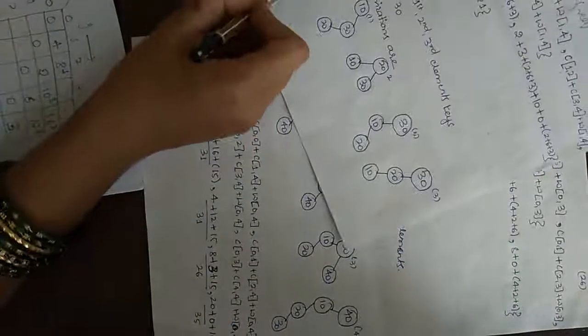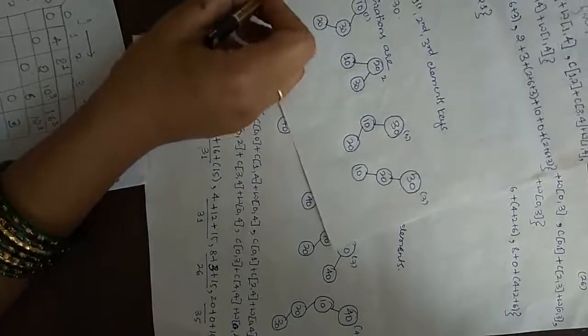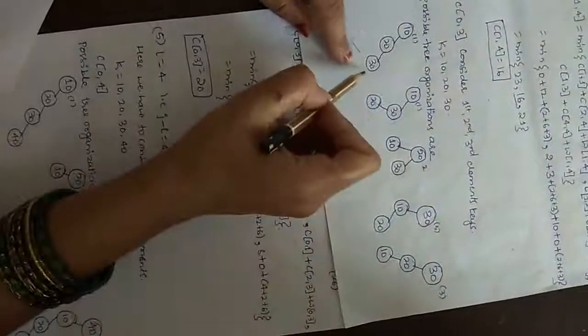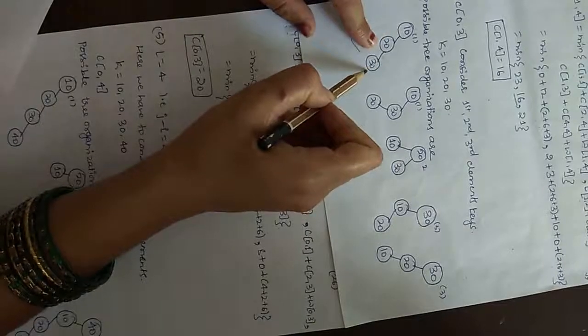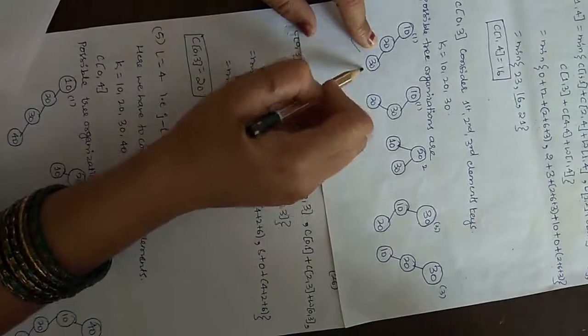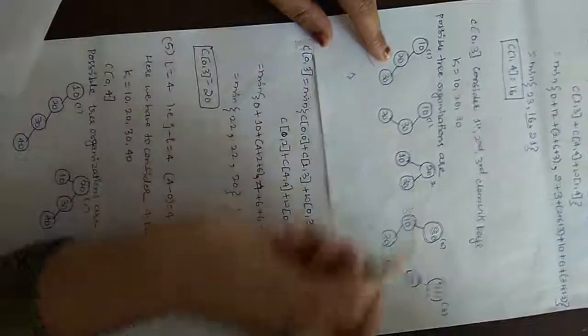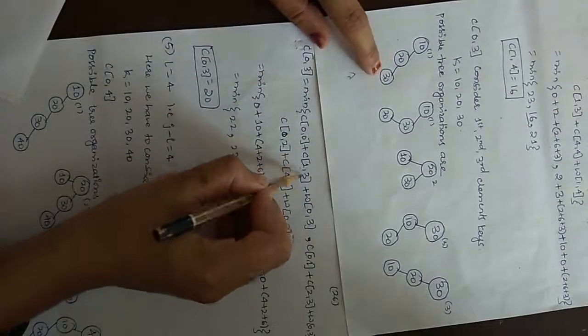So the first organization, left side nothing is there. So here 1, 1 I am taking, so C of 1, 1 here. Next, on the right side I am having 20 and 30. How do I represent this 20 and 30? Neglect the first term and consider till 3.